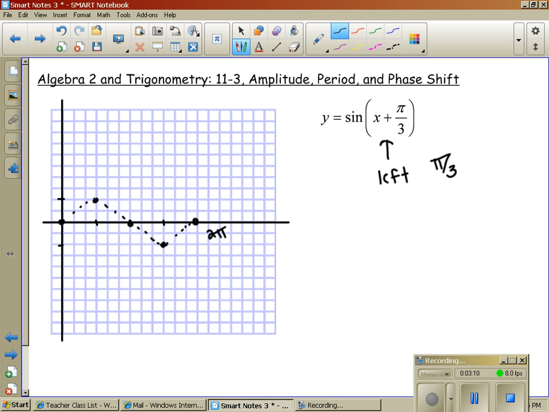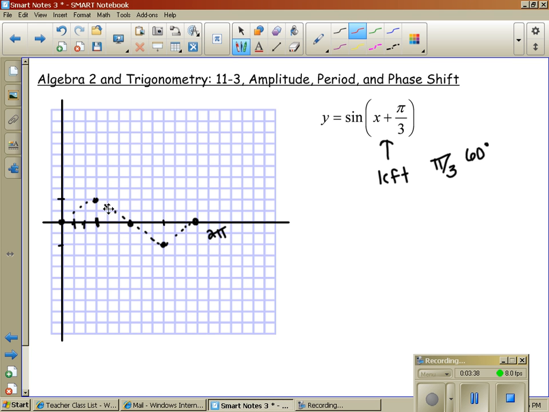So we've got to figure out where pi over 3 is. If pi over 2 is 90 degrees, then each of these lines represents 30 degrees. 30, 60, 90. Pi over 3 is 60 degrees. So basically 60 degrees, or pi over 3, in our graph, the way we did it, is 2 lines.